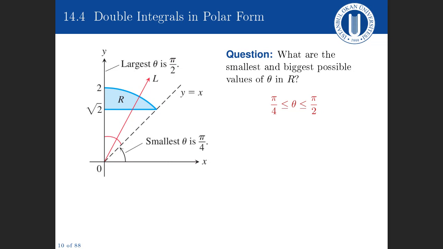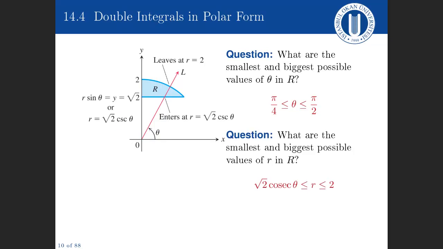Next question is, what are the smallest and biggest possible values of small r here? Well, the smallest r is when we go into the region, when y is equal to square root of 2. That's the same as saying r sine theta is equal to the square root of 2, or r is root 2 cosec theta.